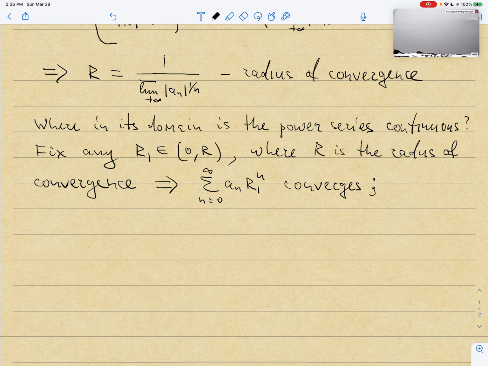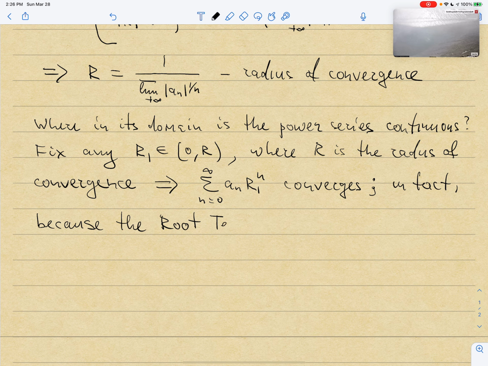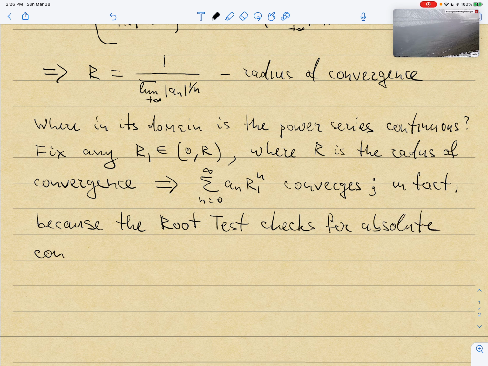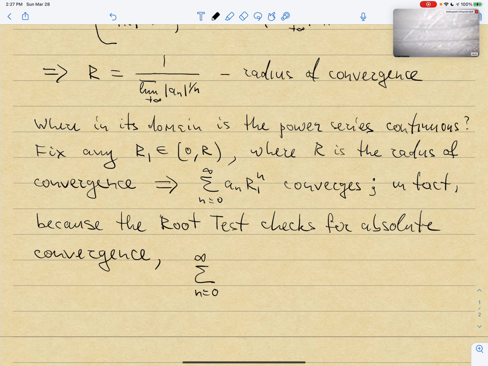And in fact, because a root test checks for absolute convergence, we conclude from this that the sum of absolute values of a_n R1 to the power n also converges.